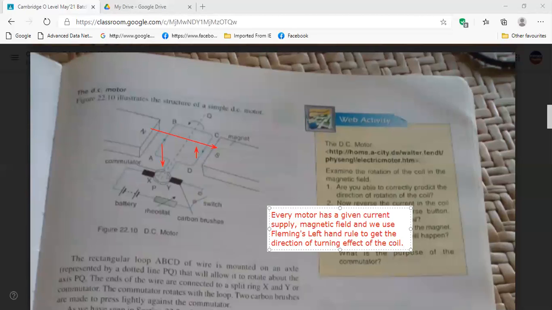Okay, done. And after drawing, you write this part.